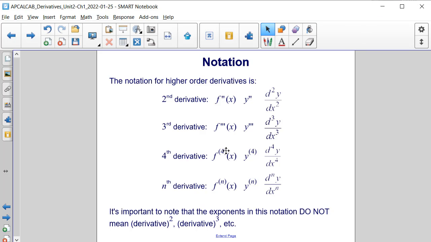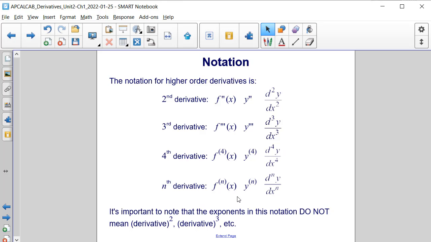Once you get to the fourth derivative and beyond, you're told which derivative you're looking for by a number appearing in parentheses in superscript. So for this notation, we're finding the fourth derivative of f of x, or the fourth derivative of y. And this one is asking for the fourth derivative of y with respect to x.